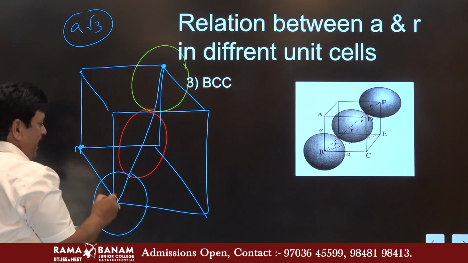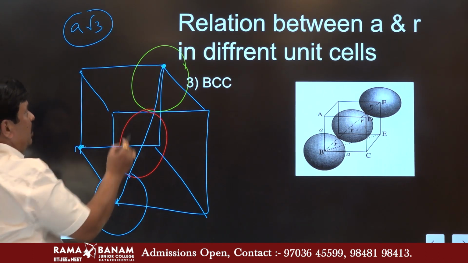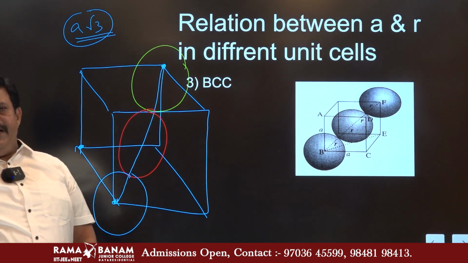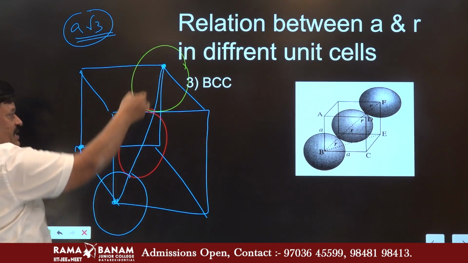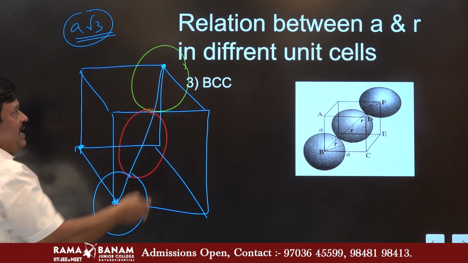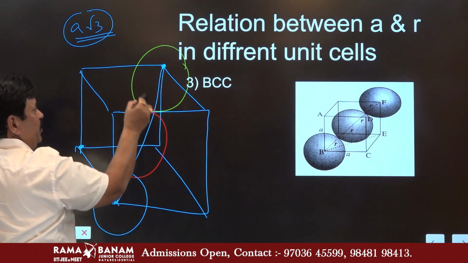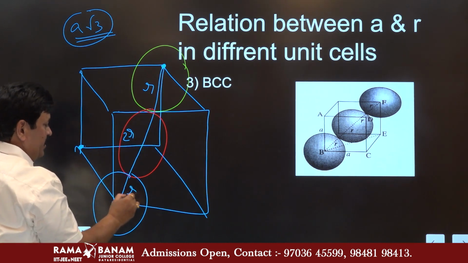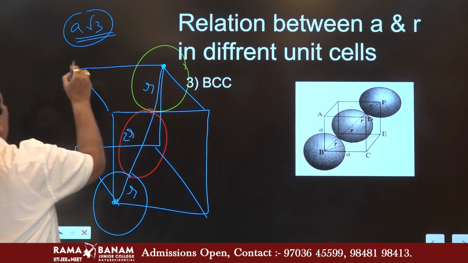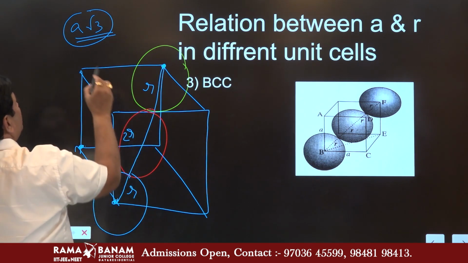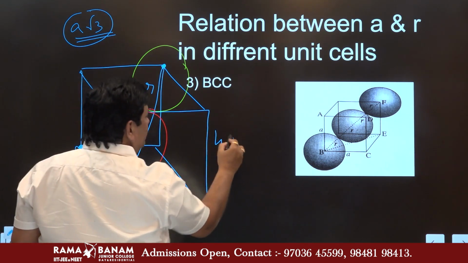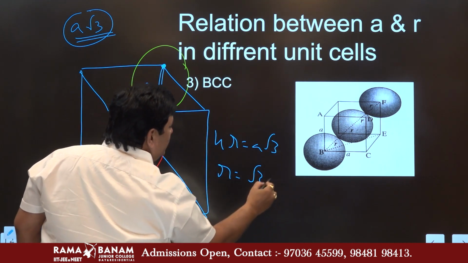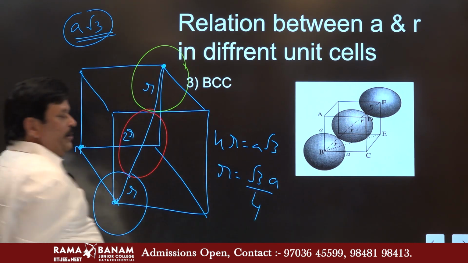From here to here is the body diagonal, and we all know the length of the body diagonal is A root 3. Particles touch each other along the body diagonal, and from here to here is r, here to here is 2r, here to here is r. So totally 4r is equal to A root 3. R is equal to root 3 A by 4.